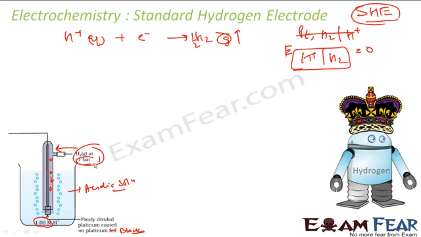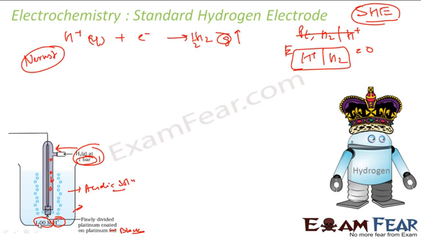This is 1 bar actually, that's correct, STP. And H plus ion concentration is maintained at 1 molar. I'll explain in the next equation why the concentration of the electrolytes matters. That we'll see.